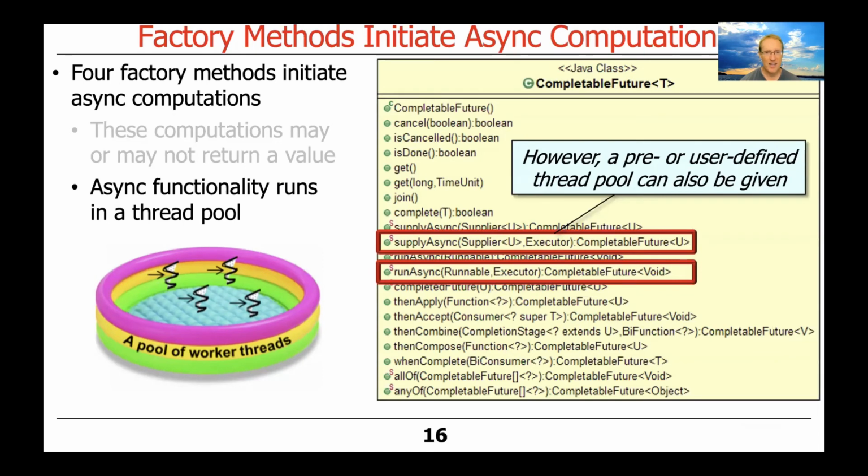That can be one that comes out of the box, some other variant of a thread pool in Java, like a cached thread pool or a fixed size thread pool, or even your own customized implementation of fork join pool as opposed to the common fork join pool, or it can be some pool you implement yourself. So you have a tremendous amount of leeway and discretion as far as where those computations will run.